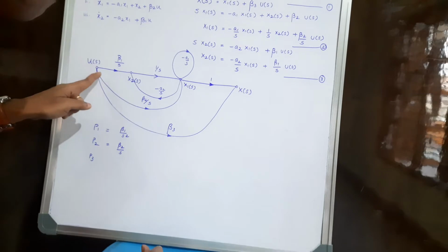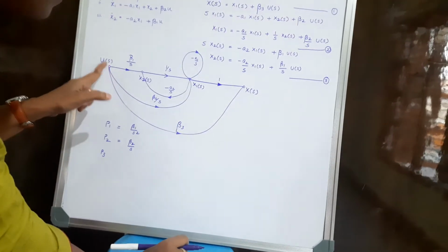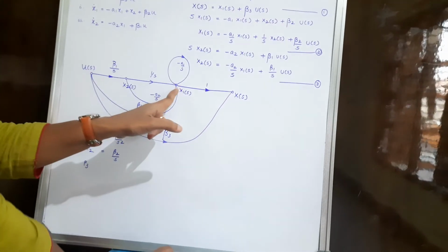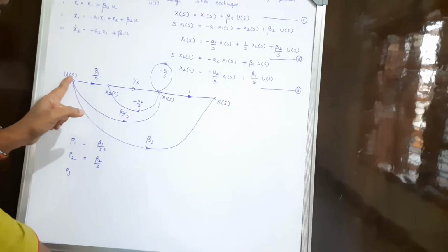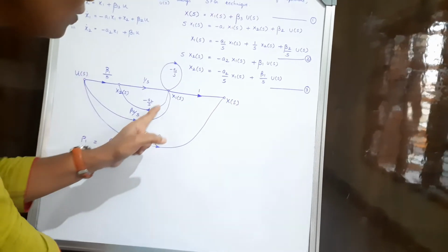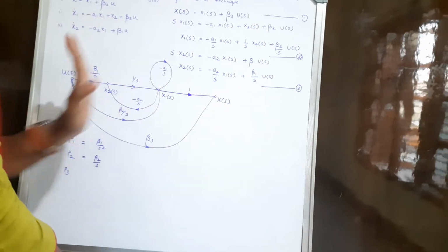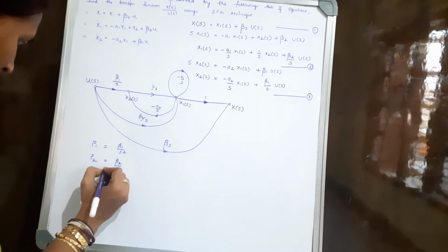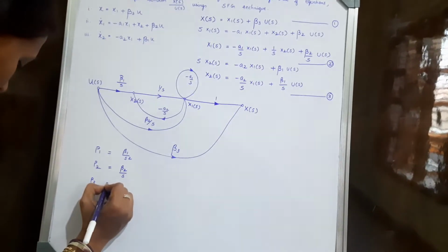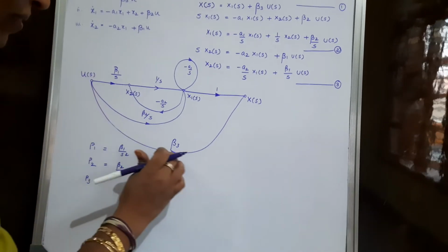I repeat here, one more path, a node which connects input to output node without traveling to the same node more than once, so this is beta 2 by s into 1. So I am reaching the output node, hence I can consider this to be another path with path gain being beta 2 by s. The third one you see here, this one.